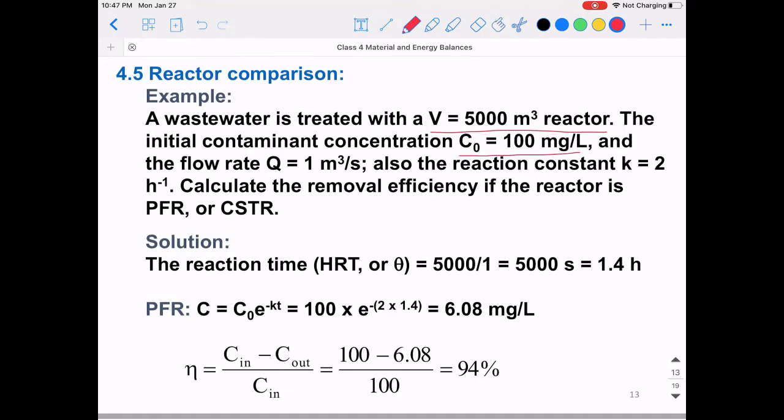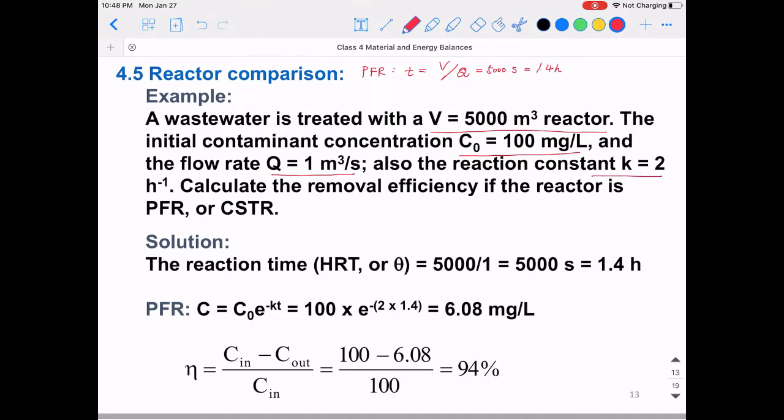The initial concentration, C0, is 100 milligram per liter, and the flow rate is 1 cubic meter per second. For a PFR, the time is equal to volume divided by flow rate, which is 5,000 seconds, and 5,000 seconds is basically 1.4 hours.